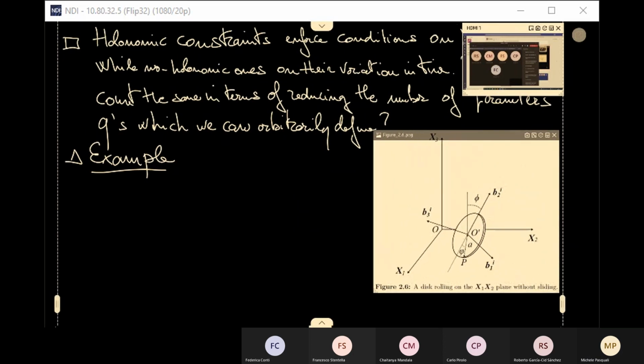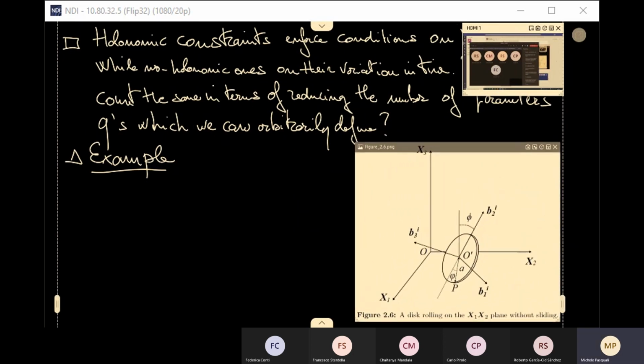So here we have this case. This is a case of a coin tossed over the floor. This is a coin which is just moving over the floor. And the requirement is that the motion of the coin while it rolls over the floor happens without sliding, okay?